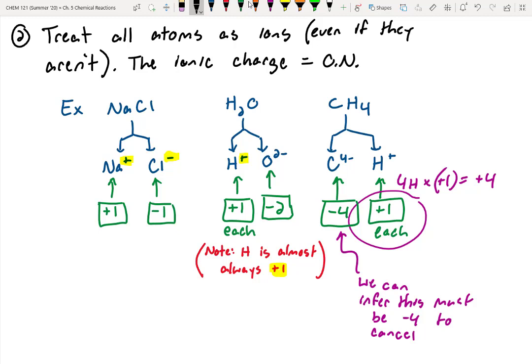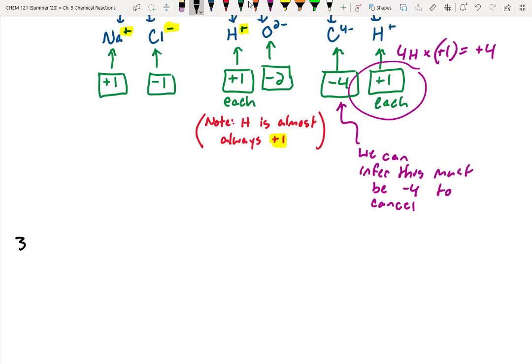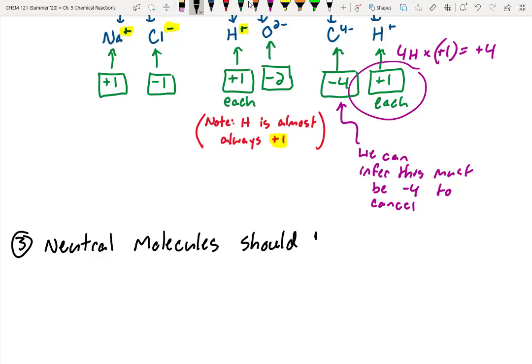All right, number 3 says that neutral molecules should have a sum of oxidation numbers, and I'm just going to call oxidation numbers ONs, equal to 0.